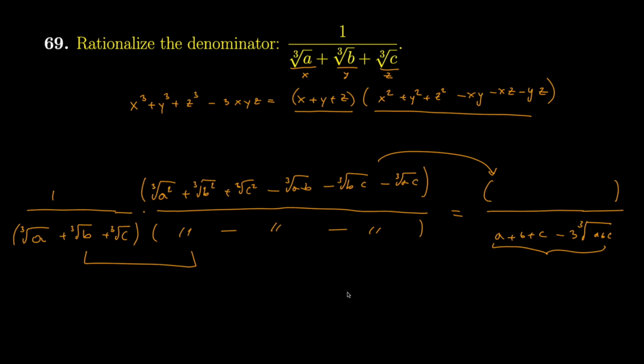If you do that, it will be a very huge expression. But the idea is, if you multiply with this expression, you reduce the number of cubic roots from 3 to 1, and then you can use the a cube minus b cube formula to get rid of this one as well. In the end, you will end up with an expression that has no cubic roots in the denominator or any other roots.